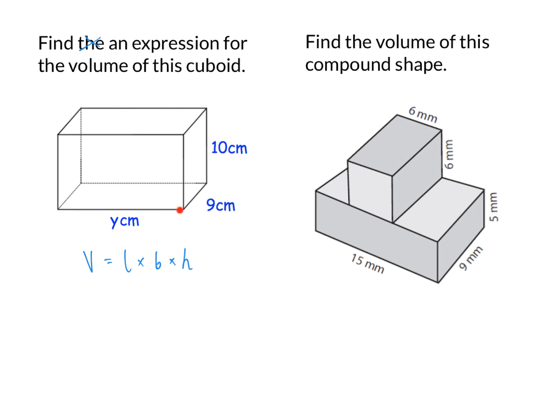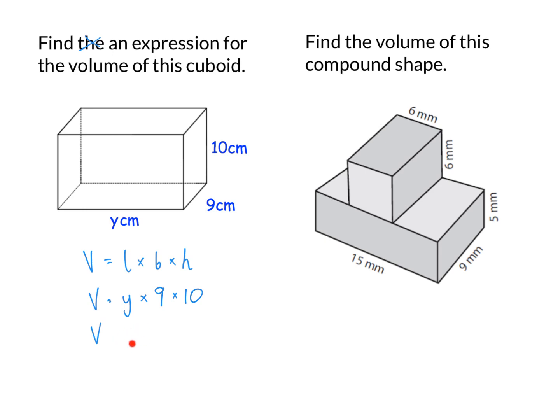But for this particular cuboid, we're not dealing with length times breadth times height. We've got y times 9 times 10. So when we're multiplying numbers and letters together, we need to remember we have a number at the front.